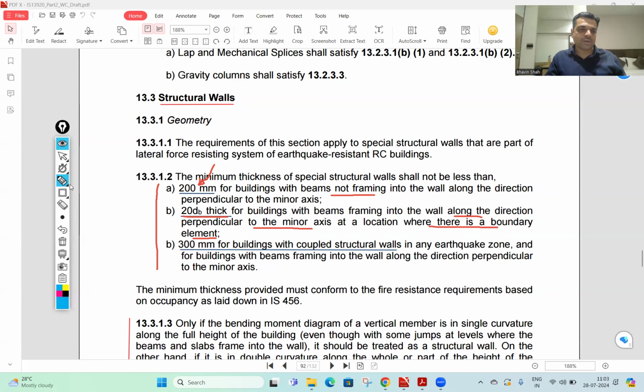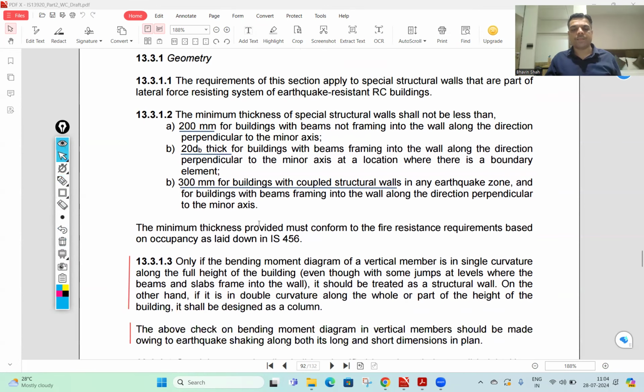And the last requirement is 300 mm for buildings with coupled structural walls. So if we have coupled structural walls in the building, then the minimum thickness is 300 mm. So now the minimum thickness requirement is defined for the structural walls in the initial paragraph. Of course, the requirement of fire resistance needs to be considered as per IS 456 in addition to this.